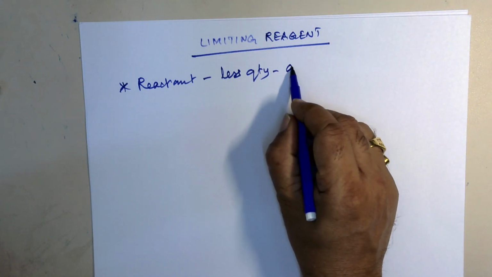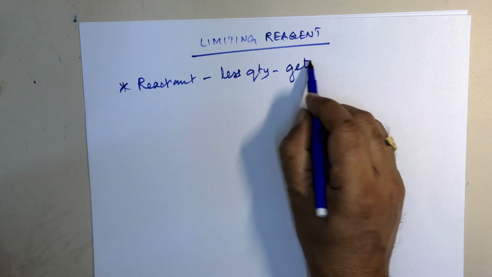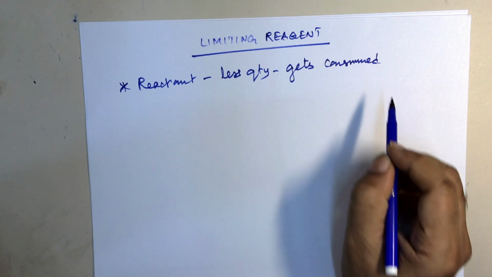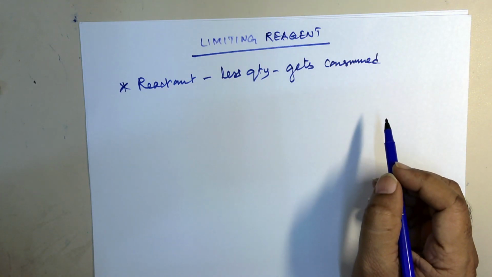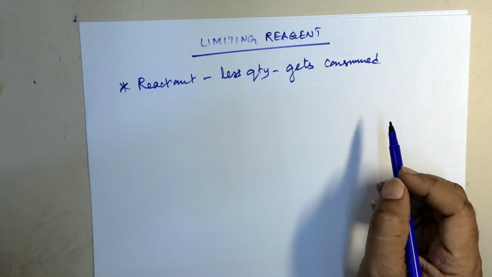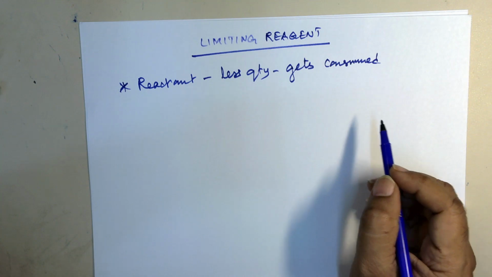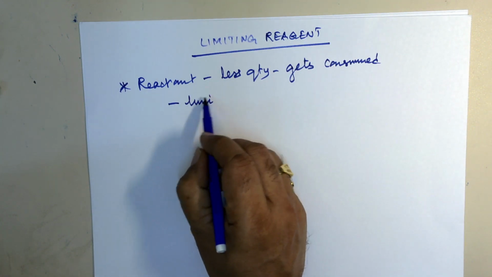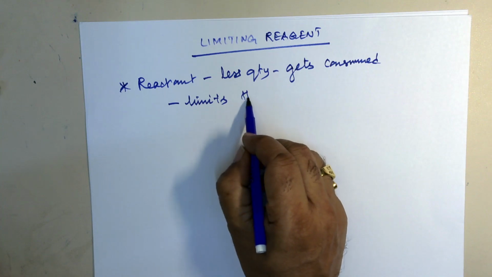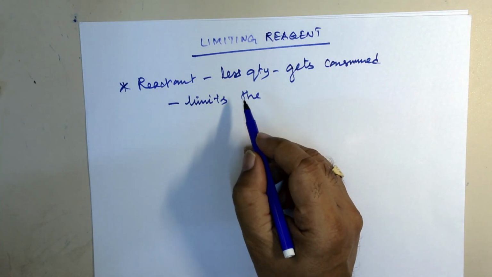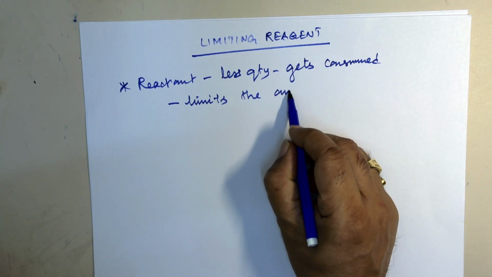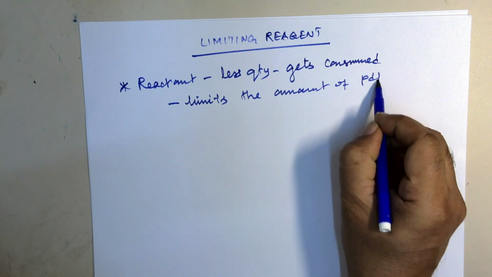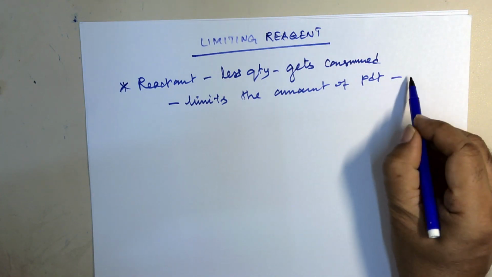It gets quickly consumed after some time, which limits the amount of product. This is called the limiting reagent.